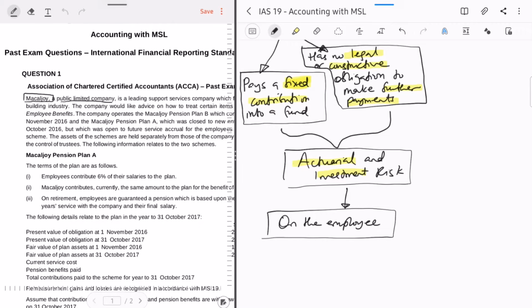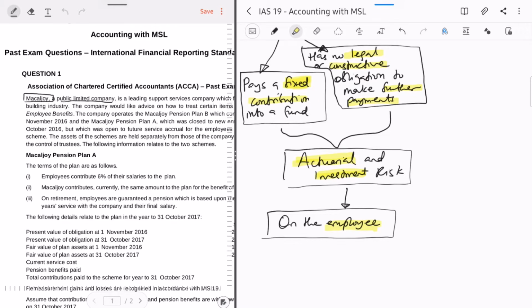So if he makes payment into the fund, and let's say the fund accrues a balance, but when it is time for you to go on retirement and you are due to receive your payment, if the fund does not have money to pay you, the employer is under no obligation to satisfy your pension requirements, because it is only the contribution that was defined. That's why the actuarial and investment risk is placed on the employee, because the employer literally owes you nothing. You are on your own in this cold and difficult world.